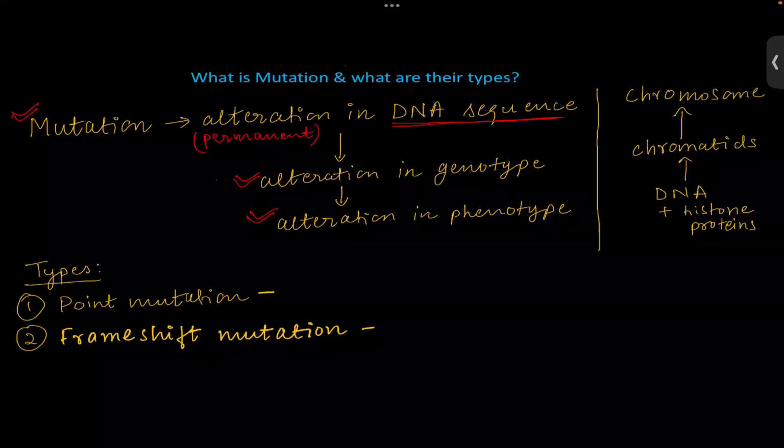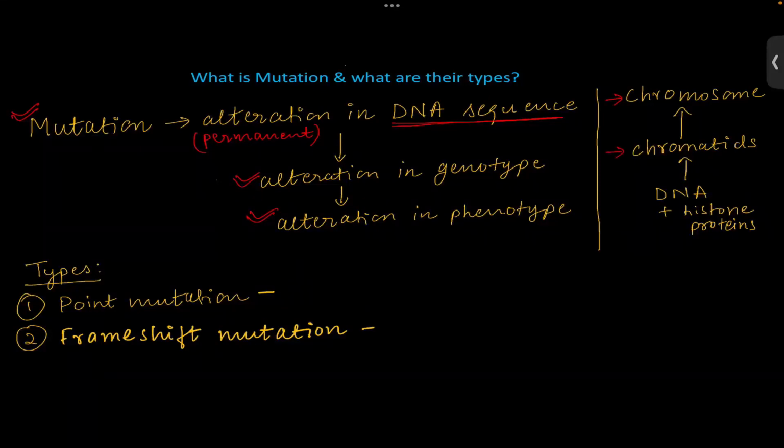Now, you are aware of the term chromosome, right? And you know that there are 46 chromosomes in humans, and each chromosome is made up of chromatids. And one string of chromatid is nothing but the DNA along with some proteins called histone proteins, which are present in supercoiled form, and they form the chromatid fibers, and these chromatid fibers again condense very tightly and form chromosomes.